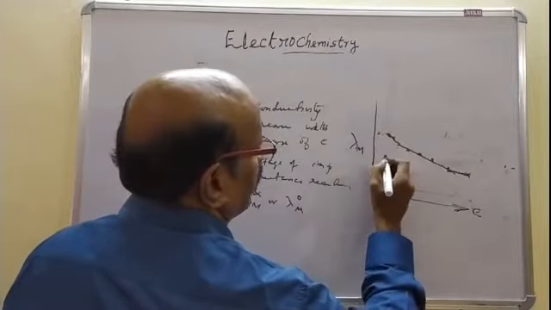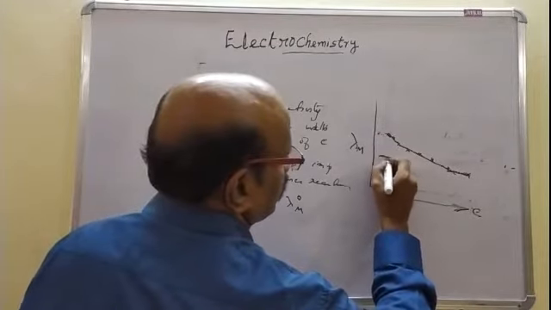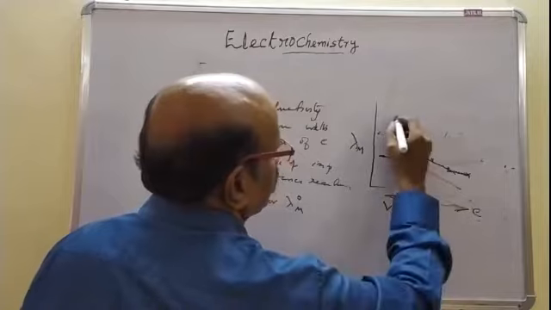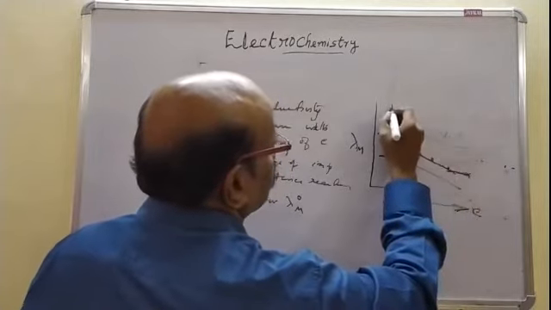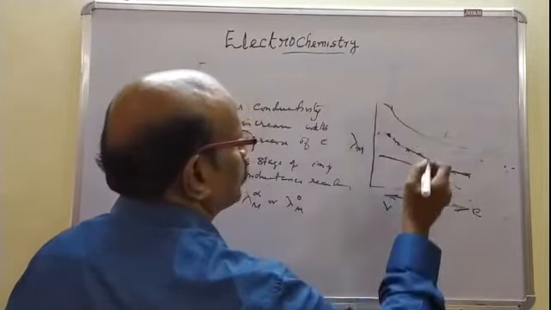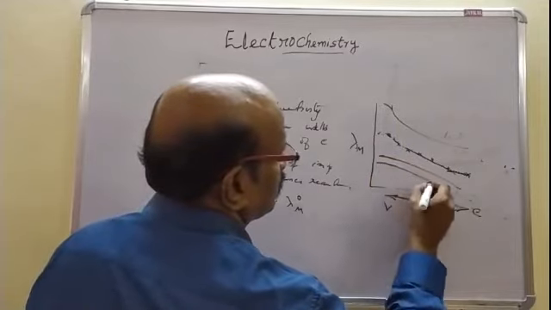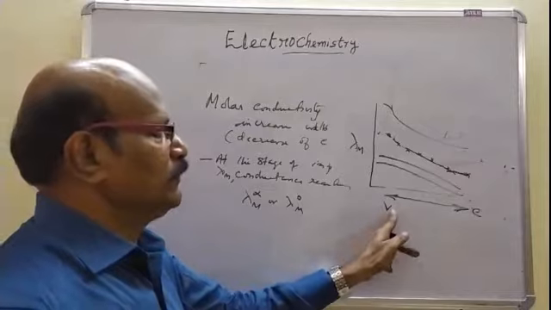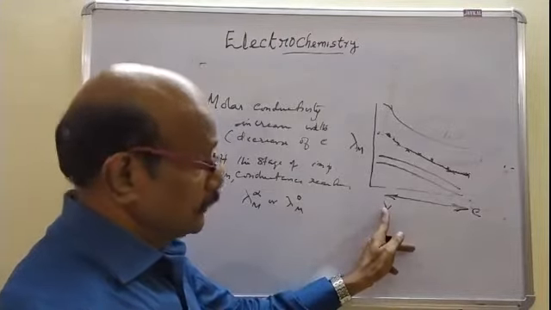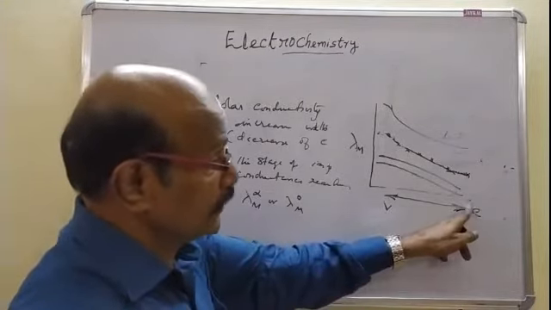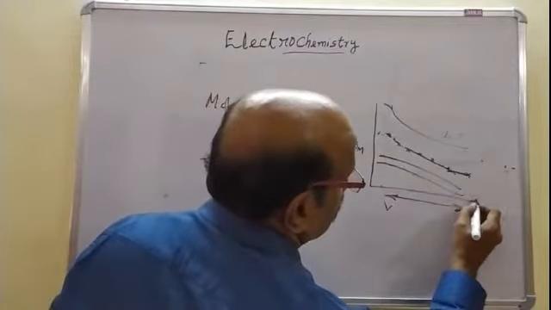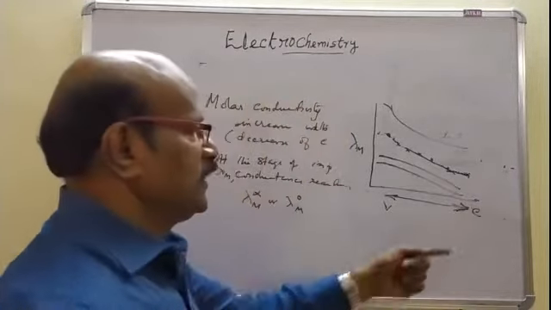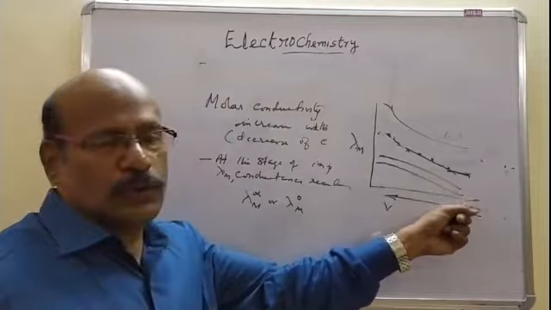So this is the variation. This is the higher volume, low concentration side. This is C, and C goes on increasing in this direction. As the concentration increases, there is a low conductance.